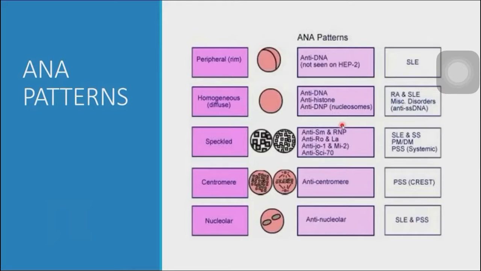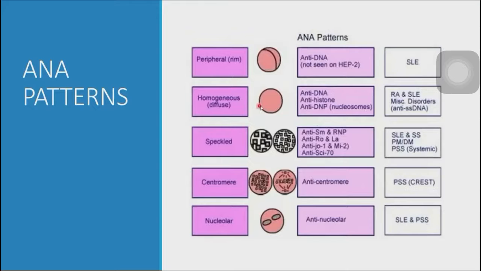Next, let's recap the ANA patterns. The ANA pattern is usually used for screening for autoimmune disease. The usual principle for ANA is IF, or indirect immunofluorescence, in which we detect patterns that are associated with certain antibodies and conditions. Recapping, for peripheral fluorescence, the associated antibody is anti-DNA, associated with SLE.